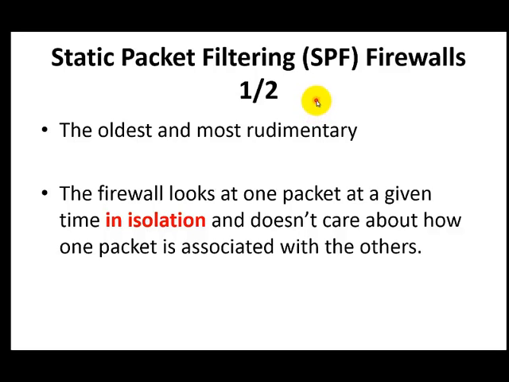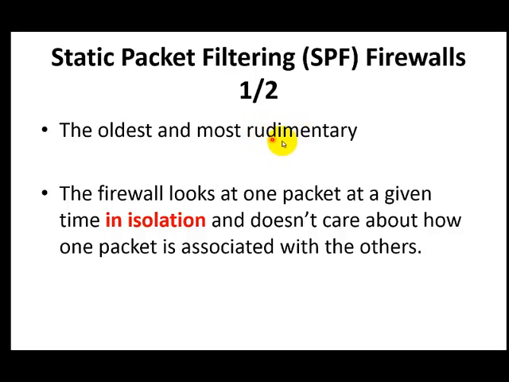Okay, so the very first type of firewall we'd like to have a closer look at is the static packet filtering firewall, or SPF firewalls. And this type of firewall is probably the oldest and probably the most primitive or rudimentary type of firewall out there.